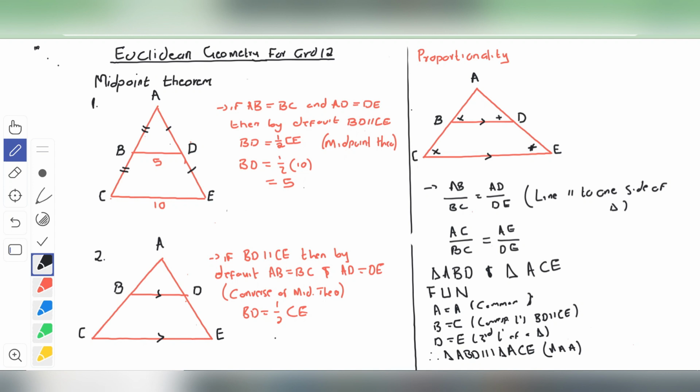So this is what the midpoint theorem and the proportionality theorem are all about. From the midpoint theorem, we went to the proportionality theorem. From the proportionality theorem, we are asked to prove that certain two triangles are similar. But we know how to do that, right?